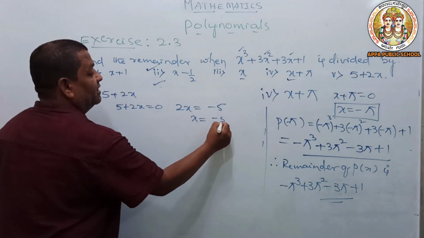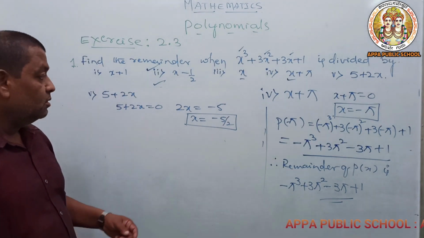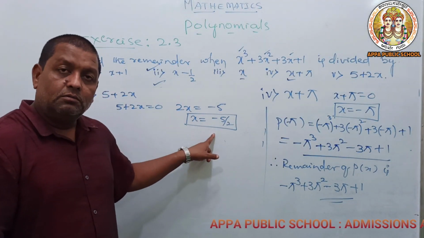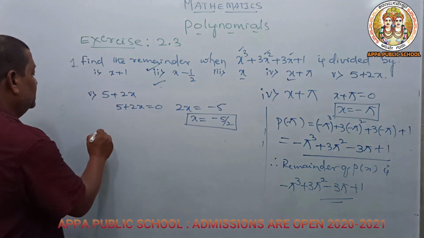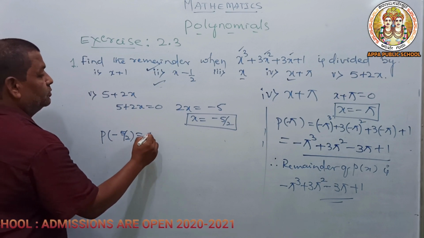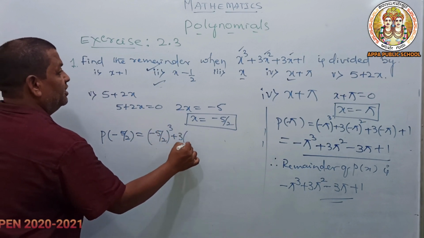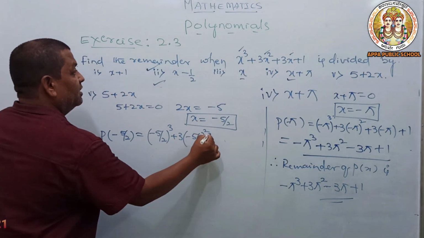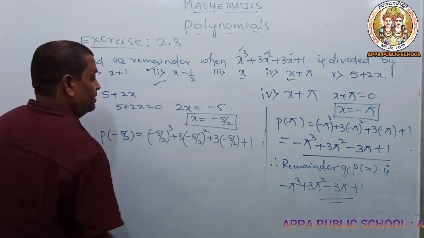X is equal to minus 5 by 2. After getting the x value, once again we already know, substitute in the given polynomial and find the remainder. Now p of minus 5 by 2 is equal to minus 5 by 2 whole cube plus 3 of minus 5 by 2 whole square plus 3 of minus 5 by 2 plus 1.